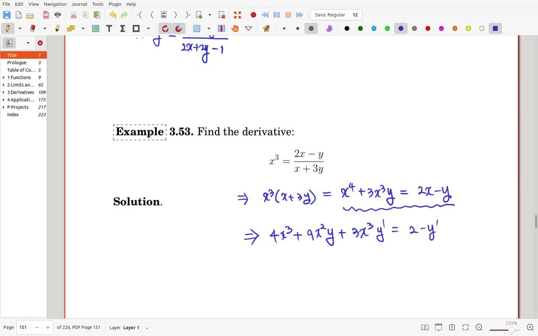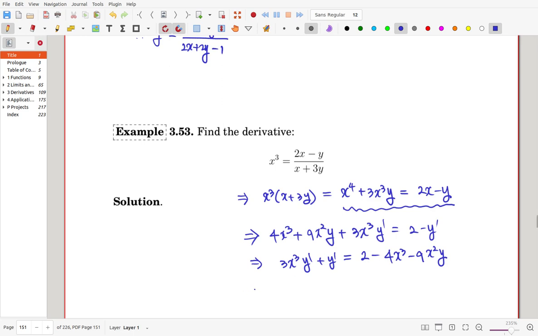minus y prime. So here we can get 3x cubed y prime plus y prime equal, we move everything else to the other side. That's 2 minus 4 x cubed minus 9x squared y, right?